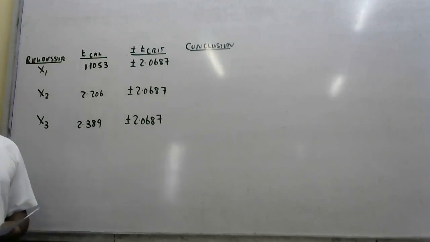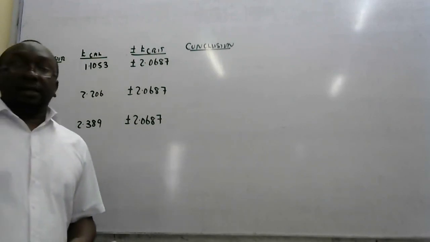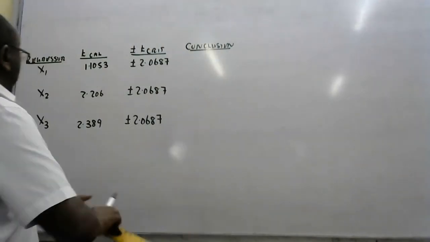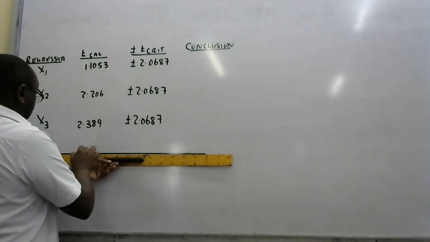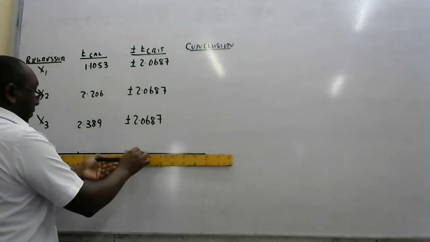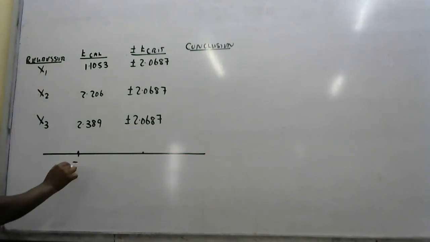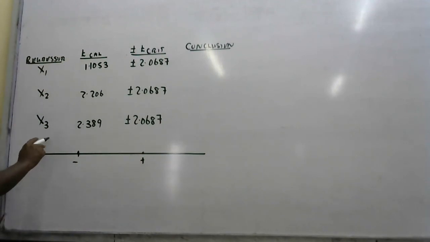Now, if you remember what we said when we were doing this test, it looks like this. This side was negative and this is positive. If you are here, we will say reject, and the other word for reject is significant.